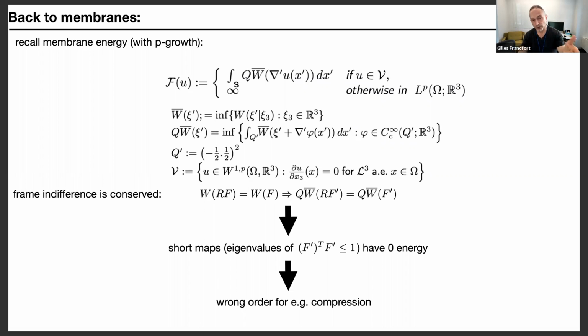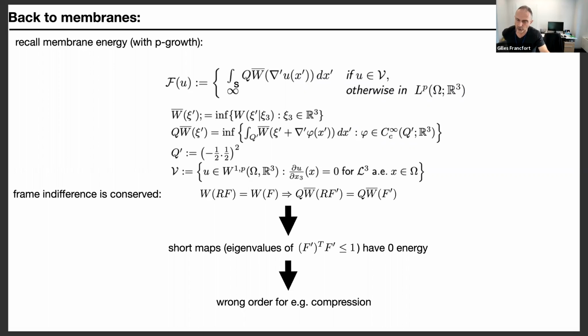So if your original energy is frame indifferent, your membrane energy is also frame indifferent. And that makes sense because R is in SO(3) and F prime is a 3x2 matrix, so what I'm writing makes sense.